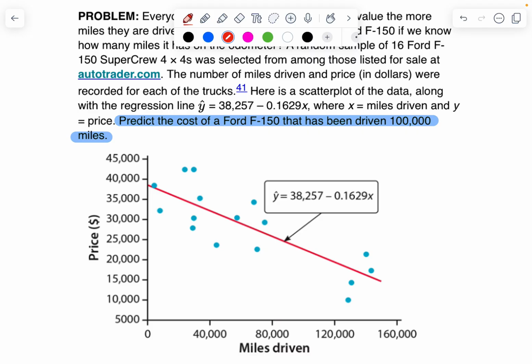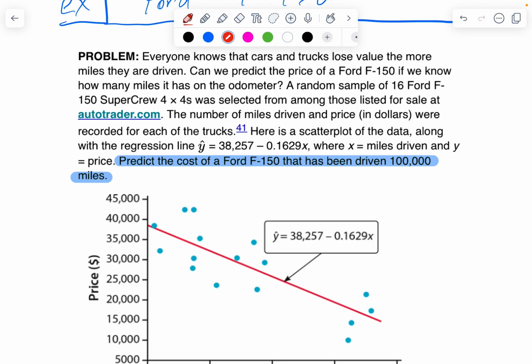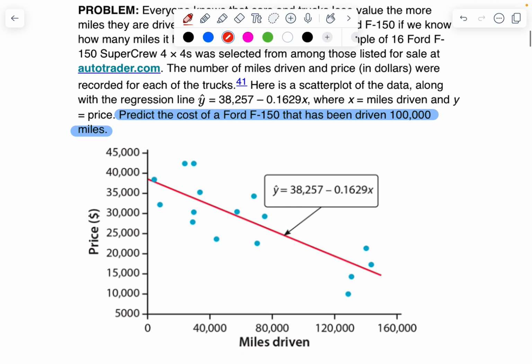So if we went on autotrader.com and found a random sample of 16 Ford F-150 Super Crew 4x4s and gathered two sets of data, the explanatory variable is going to be the miles driven, and the response variable is going to be the price of that truck that's listed. So you have these different miles driven correlated with the different prices.